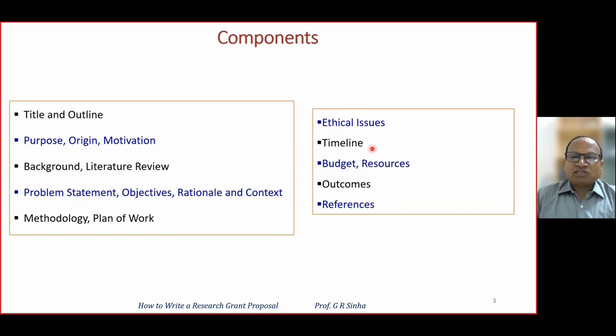What is the timeline of the project, budget, the resources which are required to carry out the research, what are the expected outcomes, and the list of bibliography or references.